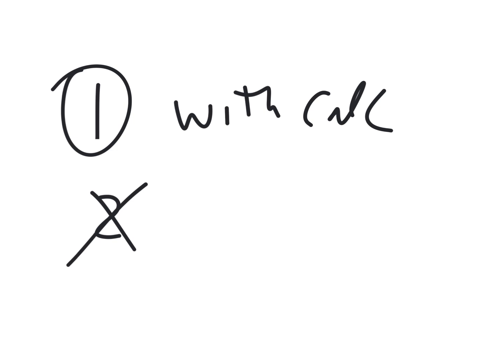Number 8, you can cross off. Number 9, you can cross off. Number 10, you should definitely do. Number 12 and 13 can be crossed off. So skip 8, 9, 12, 13.